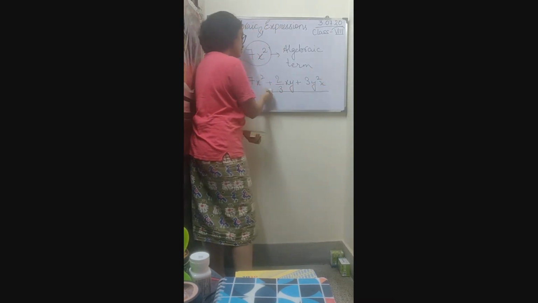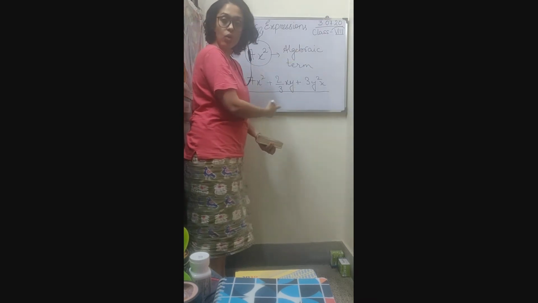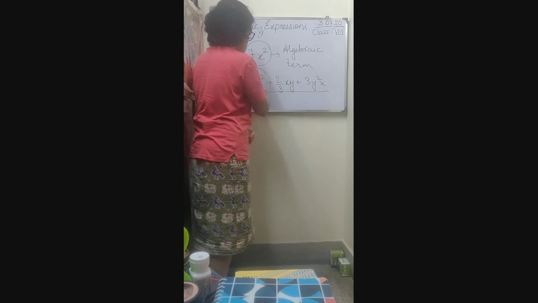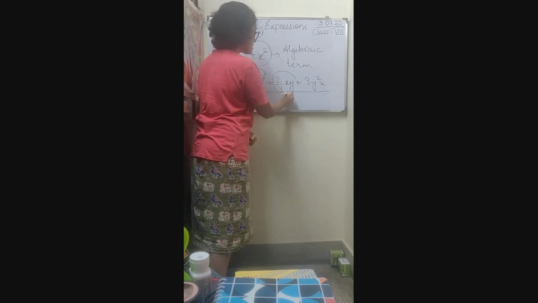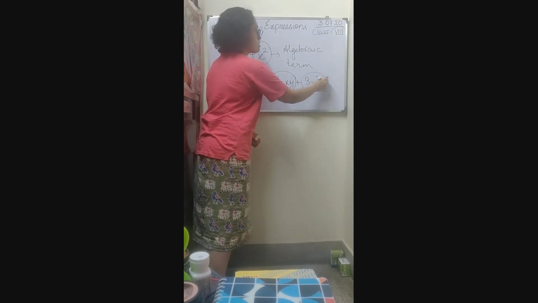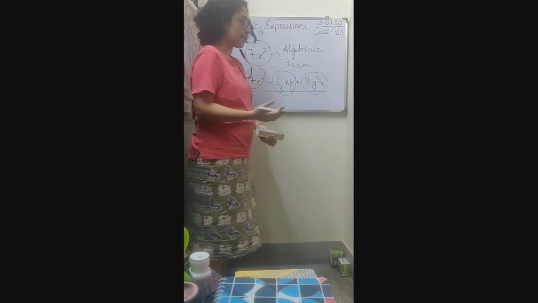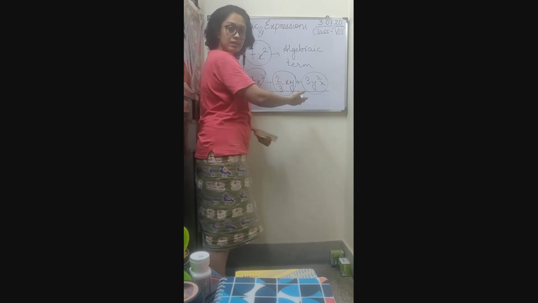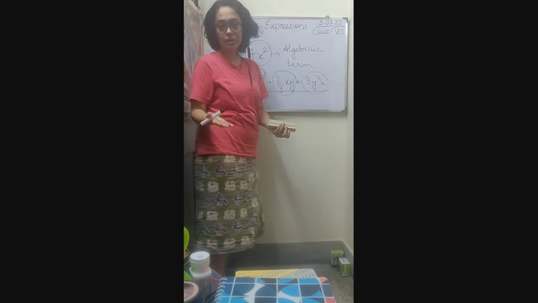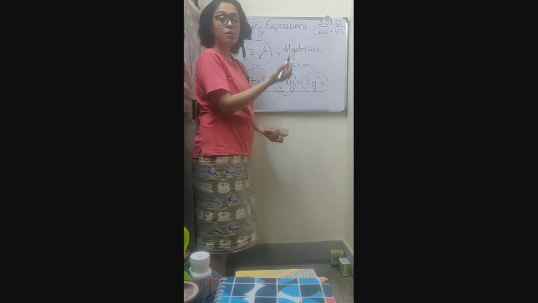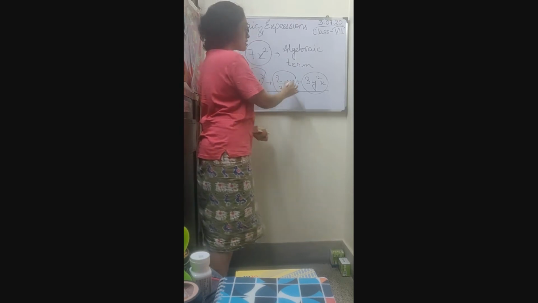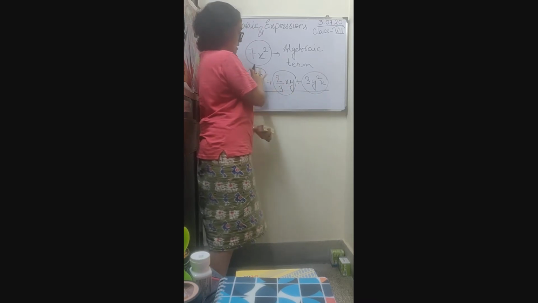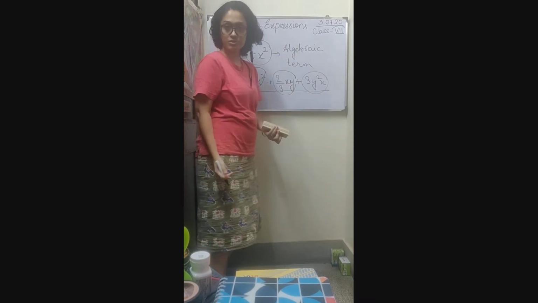This entire thing will be called an algebraic expression, and each of these collections of constant and variables that are separated by the plus sign, or a minus sign also, these individual terms are what we call algebraic terms.